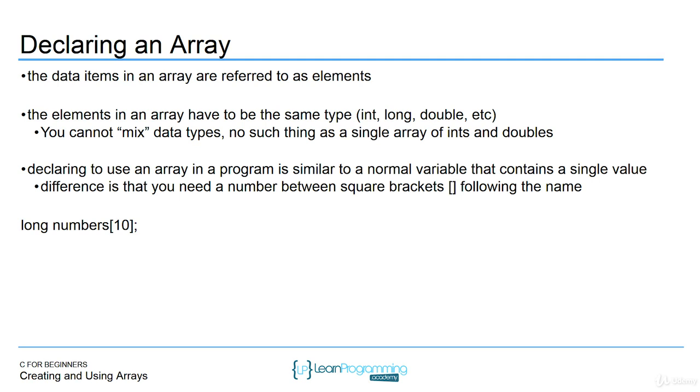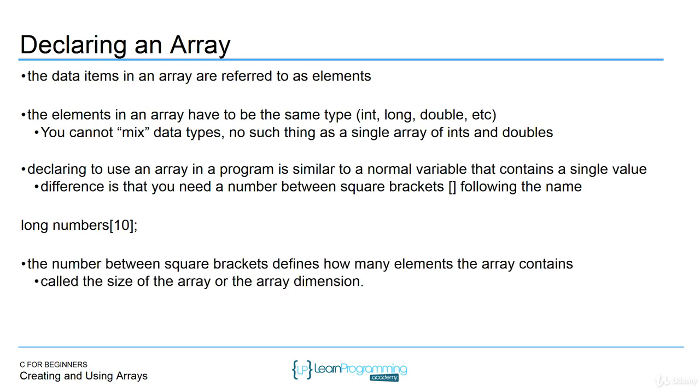The number inside the brackets specifies the size. So here we're saying we're going to create an array named numbers of type long that's going to contain 10 elements. It's pretty straightforward. This is an array declaration. Because the semicolon is at the end, it's just like a variable declaration, but you have those brackets and a number. And this is the size of the array, or the array dimension.